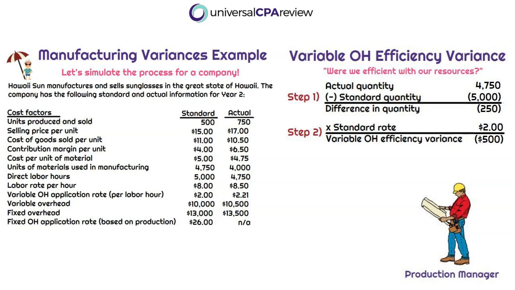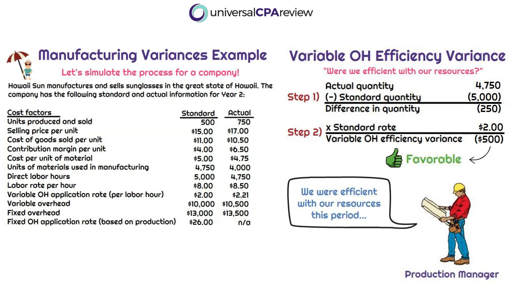Is that favorable or unfavorable? Well, our driver, which was labor hours, was lower. So when we multiplied it by that application rate for variable overhead of $2, well, that means we have a favorable variable overhead efficiency variance of 500. So based on our variable overhead, because our volume, that direct labor hours, was lower, that means we are efficient with our resources this period.